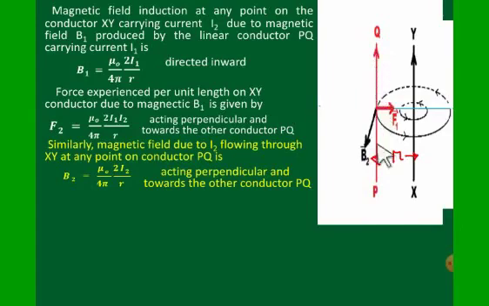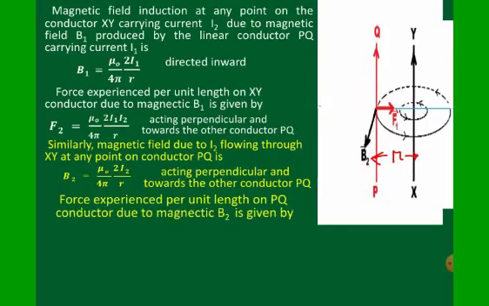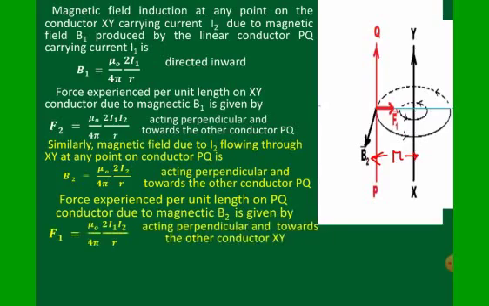So when a current carrying conductor is placed inside the magnetic field, it will experience a force, and that force is denoted by F1 in this expression. So F1 will be equal to what? Mu naught by 4 pi twice I1 I2 by R, and in this case it will be directed toward the other conductor XY.